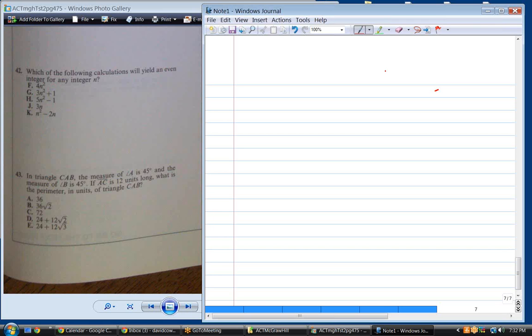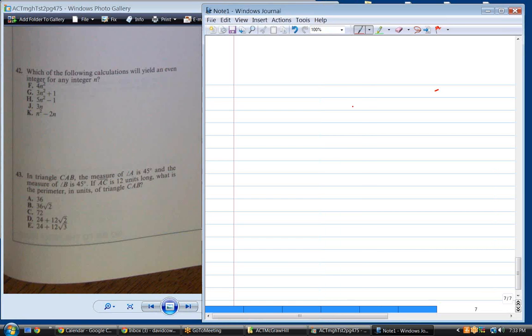Hold on. Why is it not G? Oh, because if I make G, yeah, if n is even, okay, yeah, it is F. That's straightforward, yeah. Because n squared is either going to be odd or even, and if you take an odd or even number, multiply it by an even, you get even.